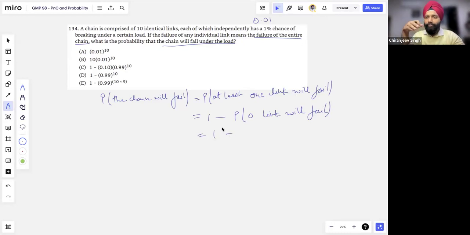First link doesn't fail, second doesn't fail, third doesn't fail, fourth doesn't fail, and so on. So the probability of a link not failing is 0.99. So you multiply 0.99 into 0.99 into 0.99 10 times. This is what you get.